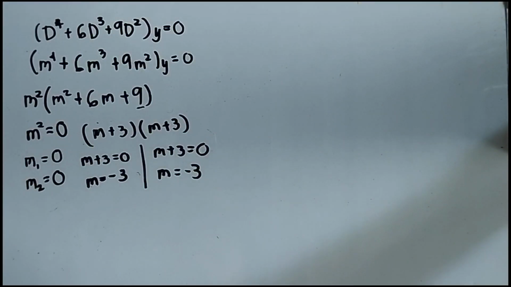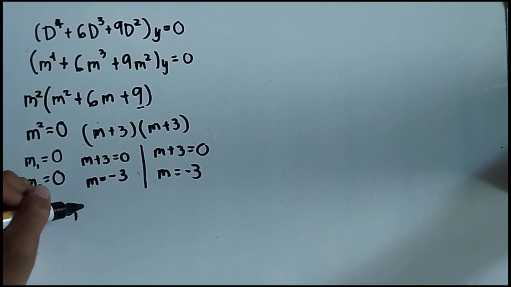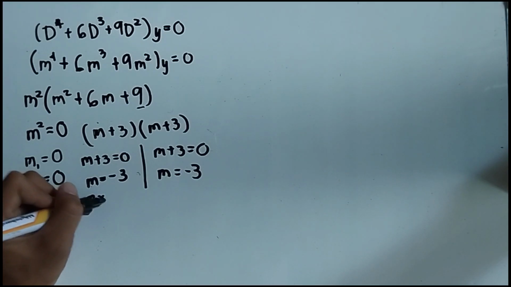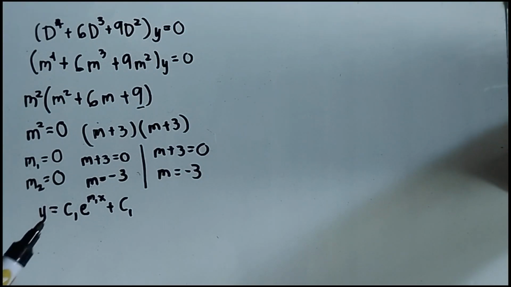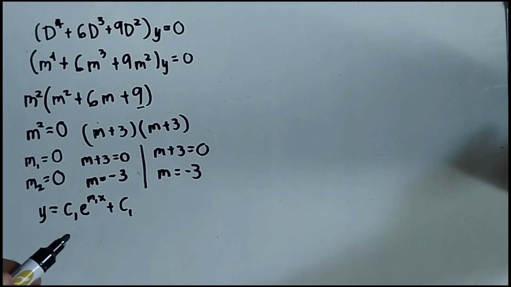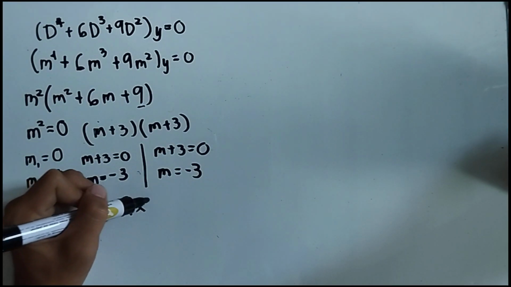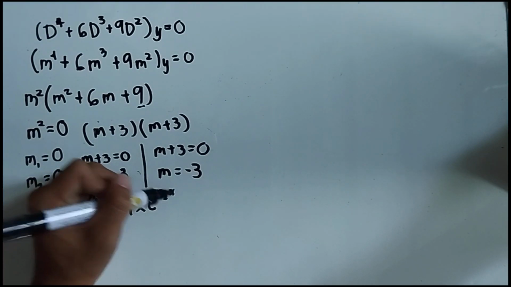So in repeated roots, we have to use this equation: y is equal to c sub 1 e to the power of m sub 1 x plus c sub 2. If we do have two of the same roots, to write that, we have to add an x here before we write the e to the power of m sub 2 x.